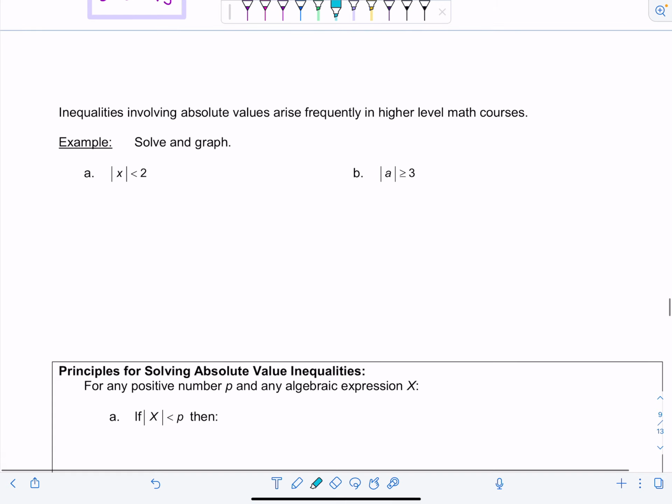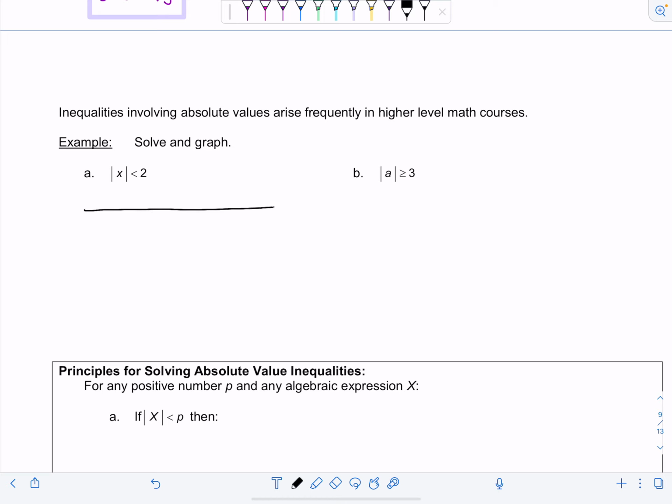Okay, so example A says the absolute value of x is less than 2. What I want to do is draw a number line. And I want you to tell me where I can shade all of the numbers whose absolute value would be strictly less than 2. Well, you could go up to 2 but not include 2, right?